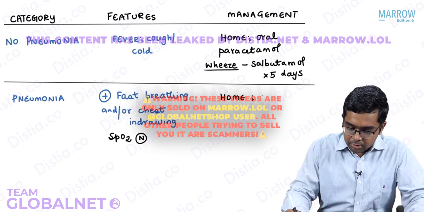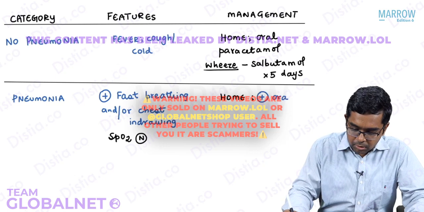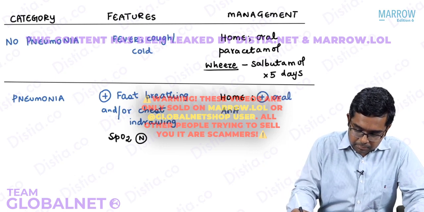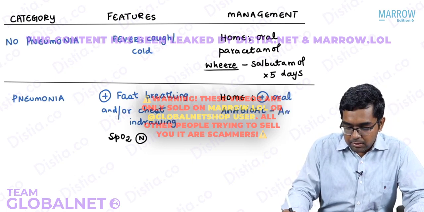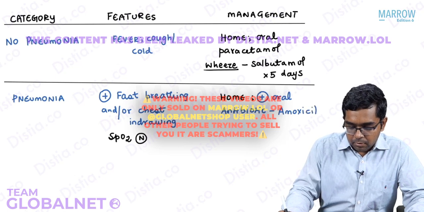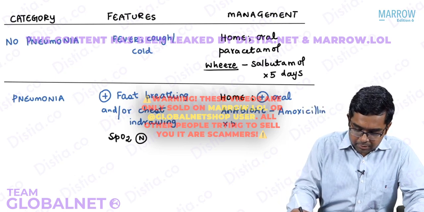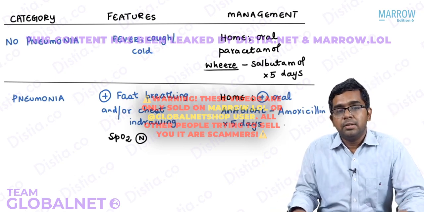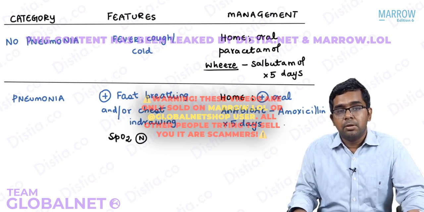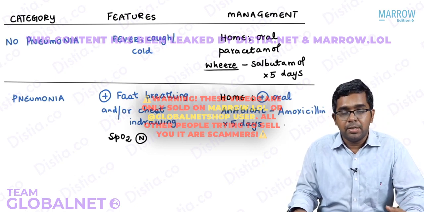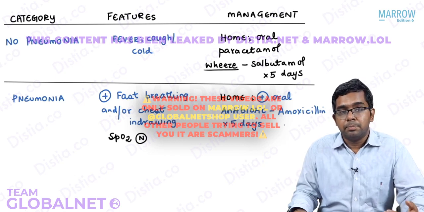But in addition, you always have to start an oral antibiotic, and the oral antibiotic which we give is oral amoxicillin for a period of 5 days. Now at this point, it is very important that you tell the mother to follow up after 5 days, and you also tell about some danger signs which I am going to tell you next. And if there are any danger signs noted, they have to immediately report again.